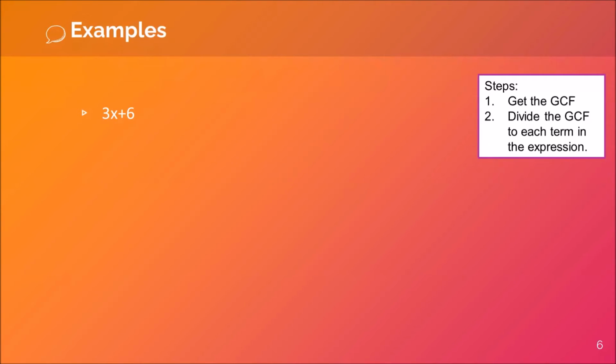The GCF of 3x and 6 is 3. So 3x divided by 3 is x. Copy the sign plus. 6 divided by 3 is 2. So the factored form of the polynomial is 3 times the quantity x plus 2.